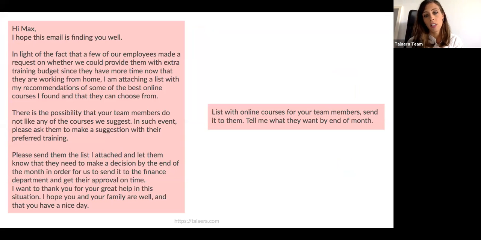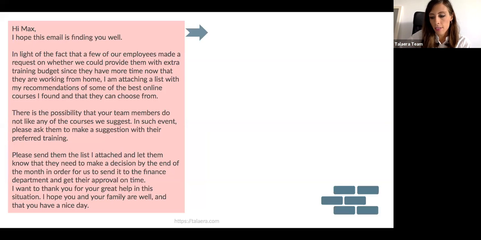It's all about a list with online courses for the team members that they have to choose from. So again, it's just a list with courses, and they're asking, hey, give it to your people, and they have to choose. But there is an intermediate level, a compromise between writing too much and too little. So how to do it? Start with the walls.